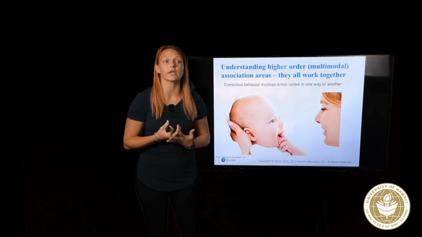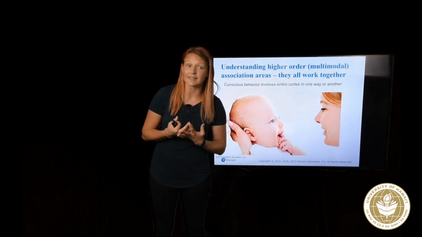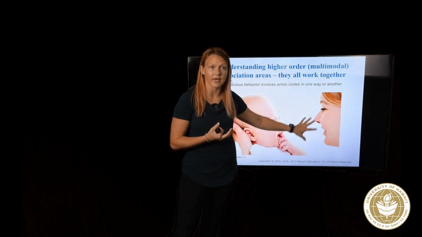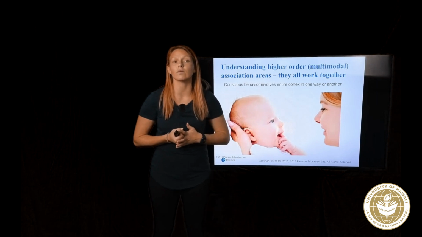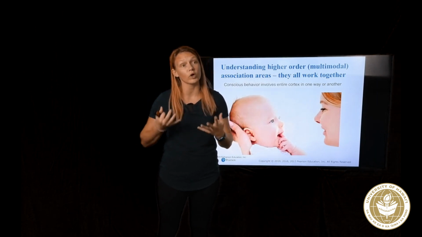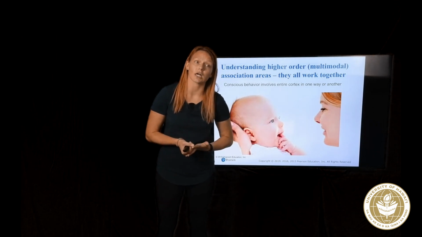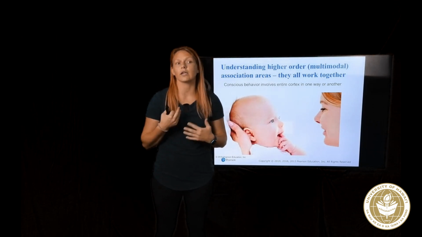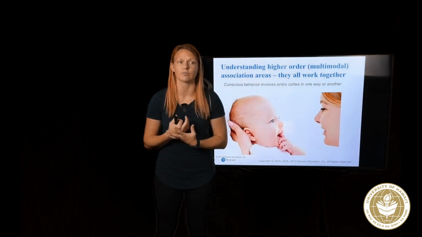The posterior association area plays a role in recognizing patterns and faces, so baby recognizing mom's face, right? Localizing us in space, and it's involved in understanding written and spoken language due to Wernicke's area. Then we have that limbic association area that we just talked about. It's going to provide emotional impact, makes a scene important to us, and helps us establish memories.